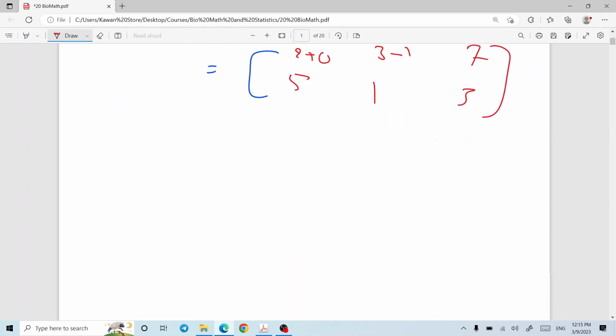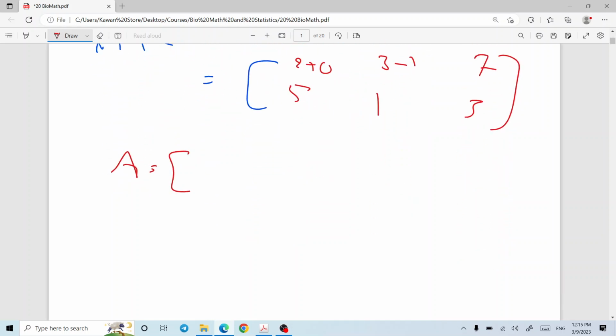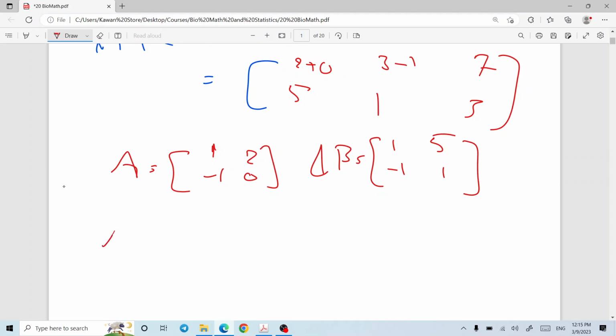How about if I have A equal to another matrix, A equal to 1, 2, minus 1, 0, and B equal to 1, 5, minus 1, 0. So tell me about A minus B quickly. 0, minus 3, 0 again, minus 1.